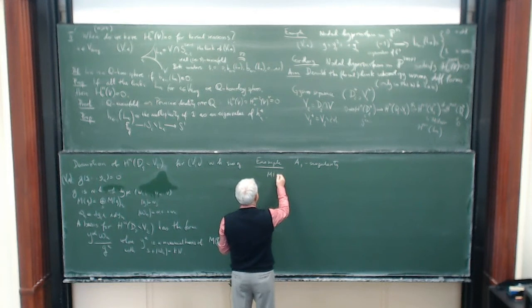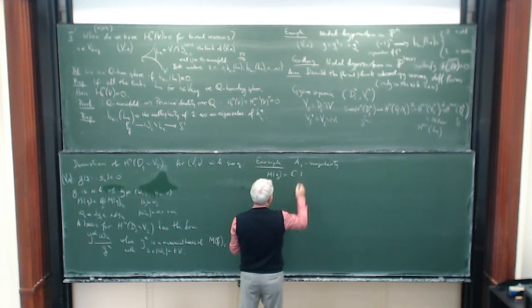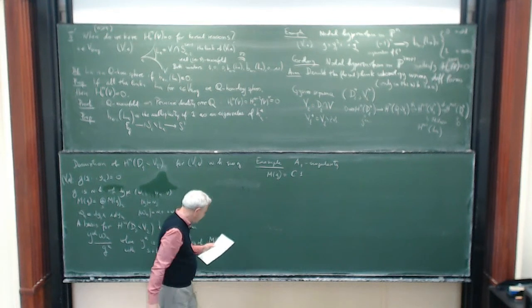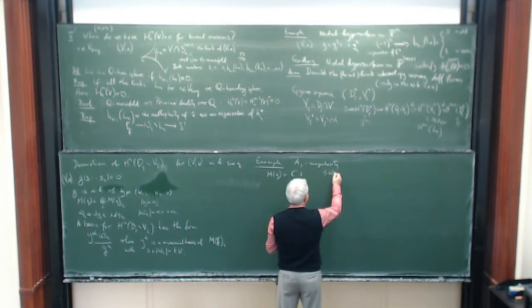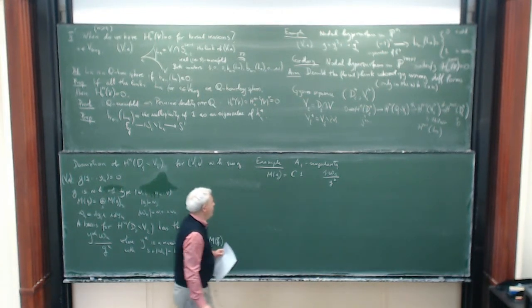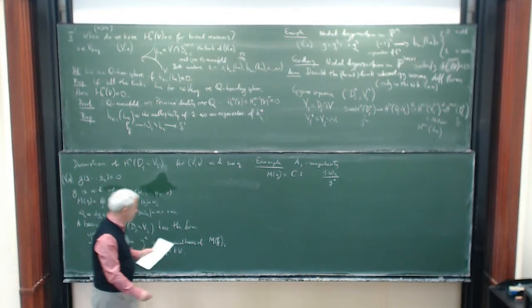So the Milnor algebra is just one-dimensional, spanned by the element 1. And so to have an element of this type, we need to have an element of this type.